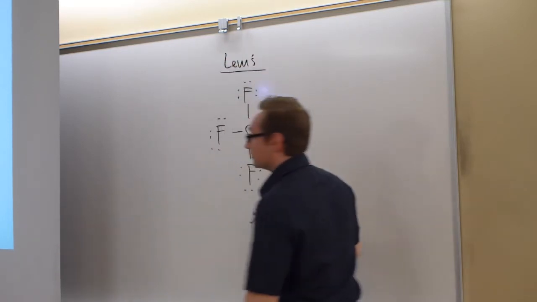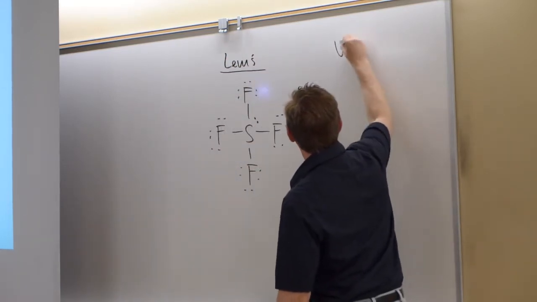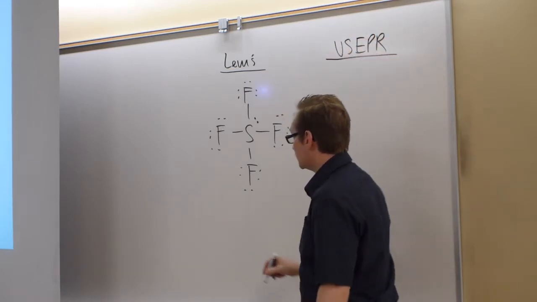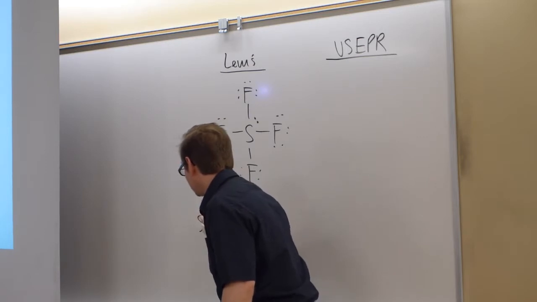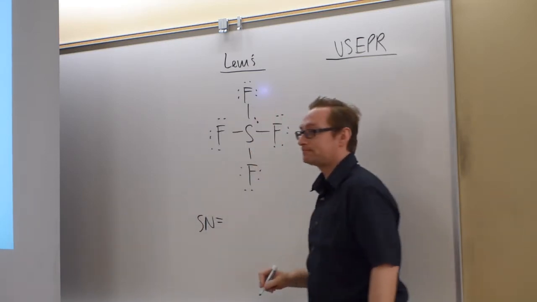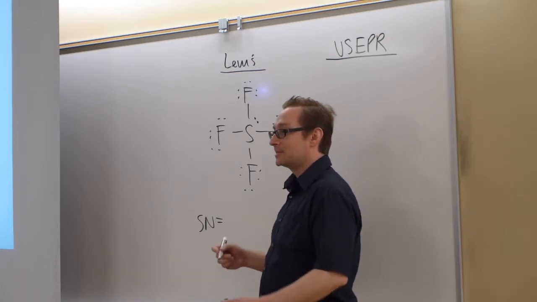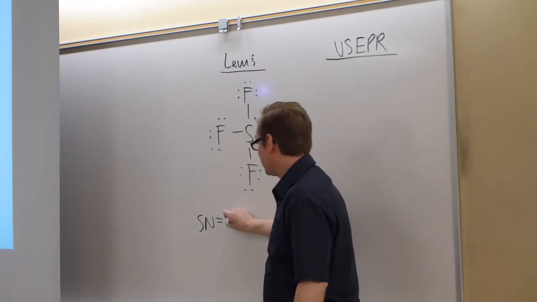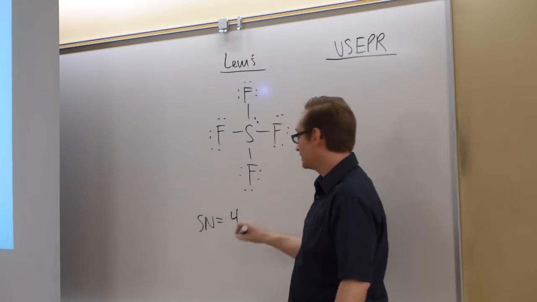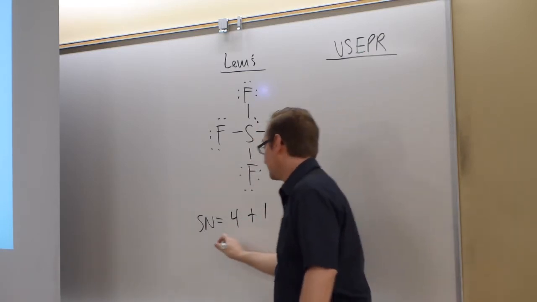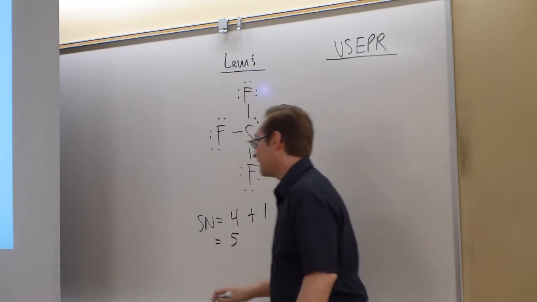So this is the Lewis structure. What does the VSEPR sketch look like? So this is a steric number of what? Yeah, steric number 5, right? So I got 4 bonded atoms, which are the fluorines, and I have 1 lone pair on the sulfur. And that gives me a steric number 5.